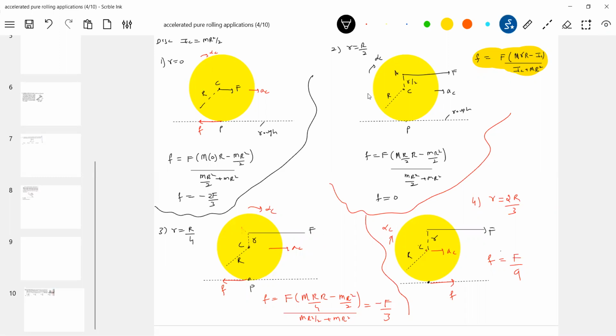Here is one very firm conclusion we are making, and this is applicable only when you apply one force. If you apply more than one force, this is of no use. We have to derive the equation and conclude. Able to make it out? So what is the threshold point?